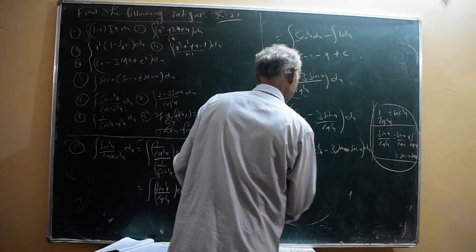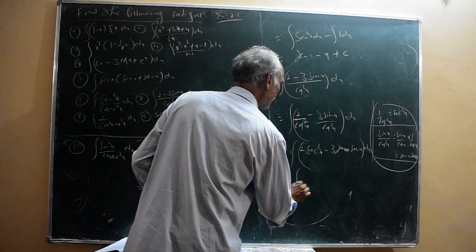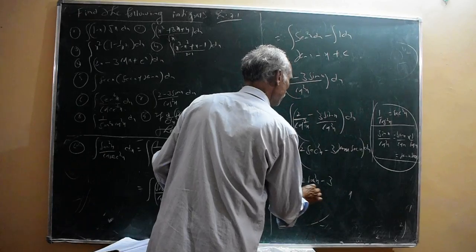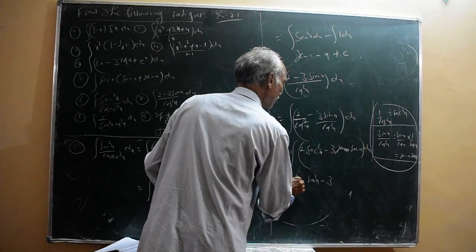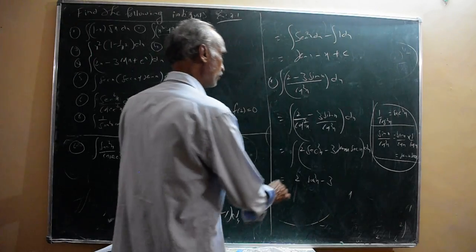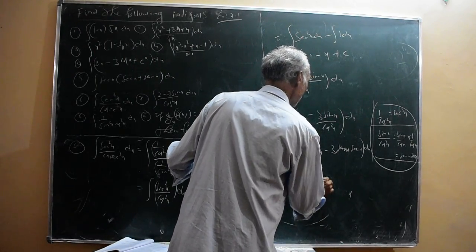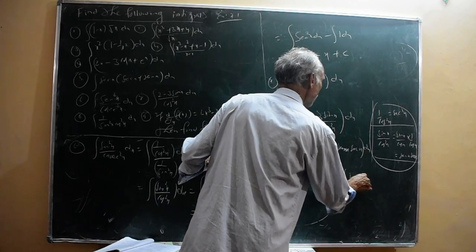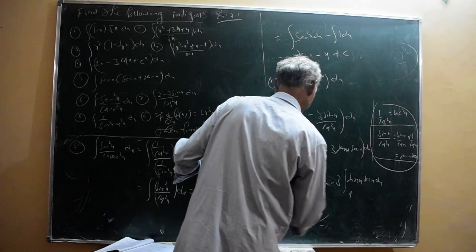dx. That equals integration of 2 sec square x minus 3 tan x sec x dx. Integration is taken to each and every part: whenever plus or minus is there, you have to take integration to each part, and any constants are taken outside. Therefore 2 into integration of sec square x dx minus 3 into integration of tan x sec x dx.